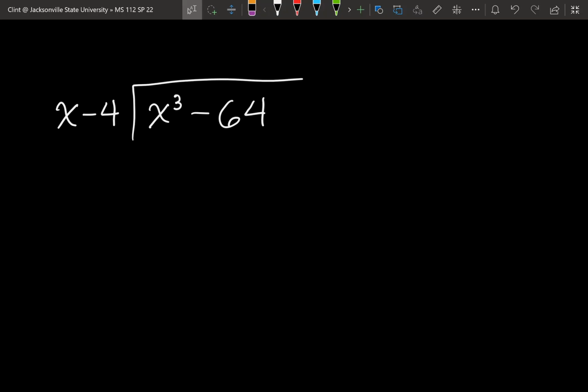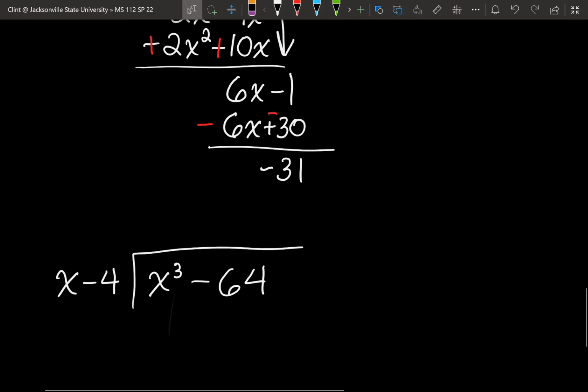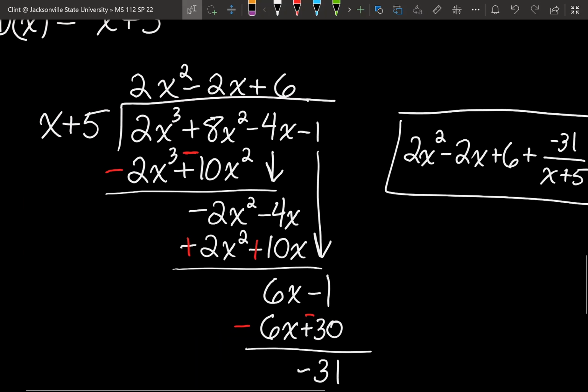We're not quite ready to start on this one yet. We didn't have to think about it on the first two we did because we had enough to think about. There's one other thing we need to be aware of when we're setting these things up, and that is that starting with whatever the biggest power of x is, we need them to go down by 1 each step. So here we had x to the third, x squared, x to the first, x to the 0th, or no x. And the same thing here, we had x to the first, x to the 0th.